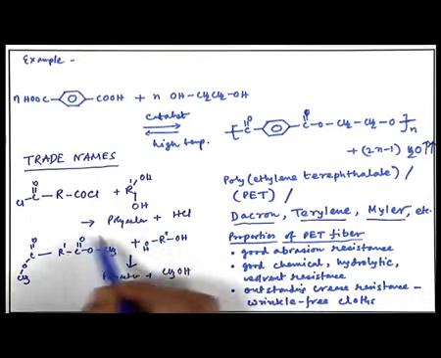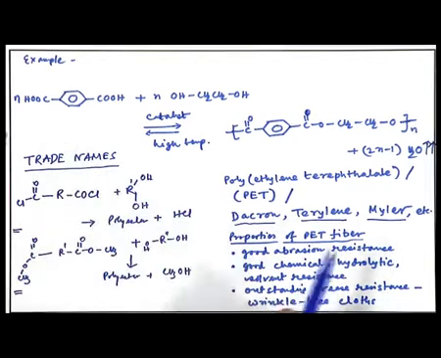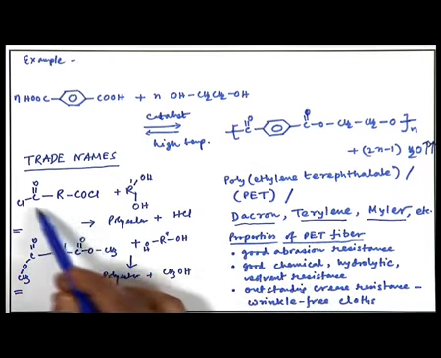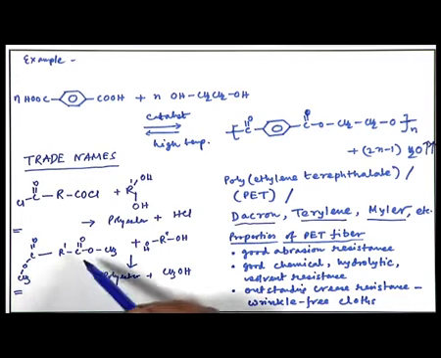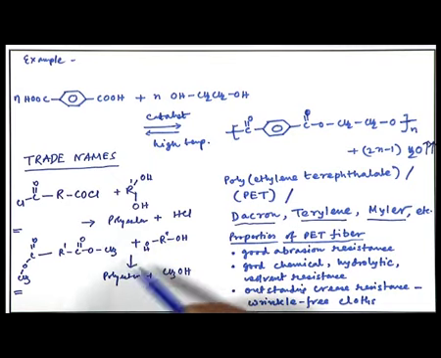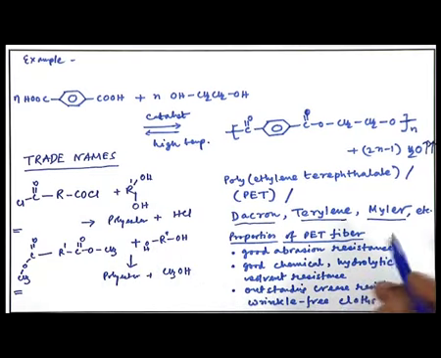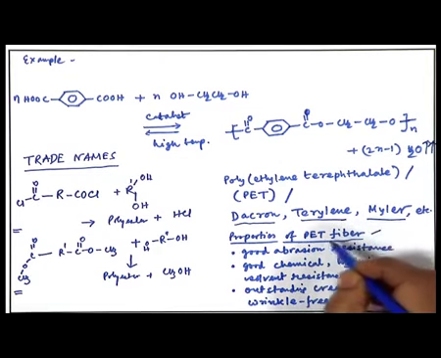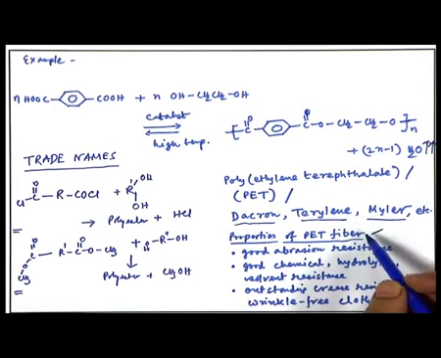So, these are the other ways: instead of using diacids directly, you can use diacid chloride or dimethyl esters. In this case the reaction becomes more feasible, and in practice these are sometimes used in commercial plants.